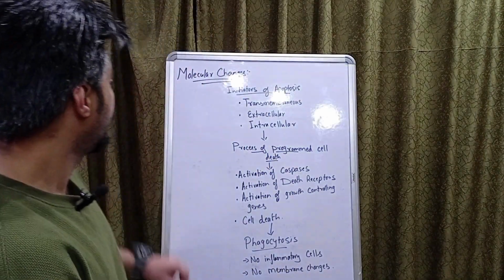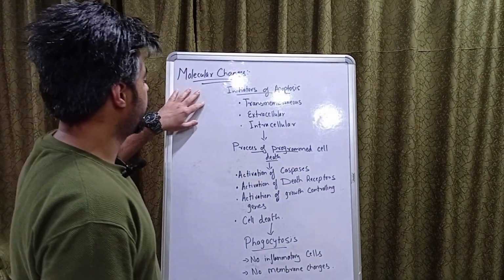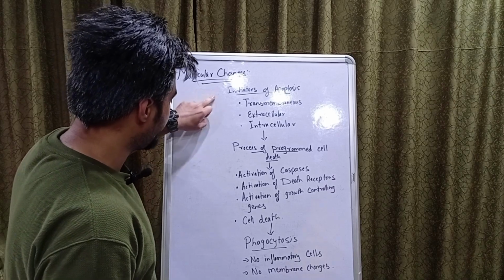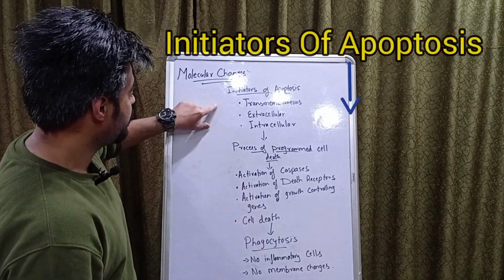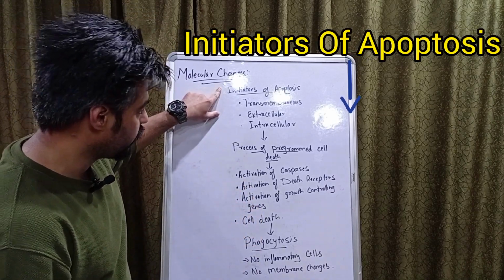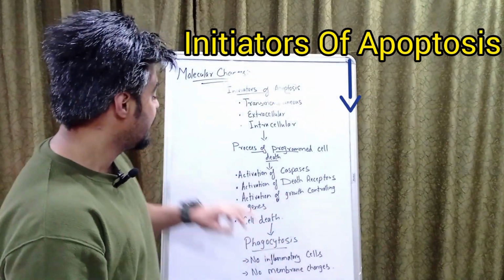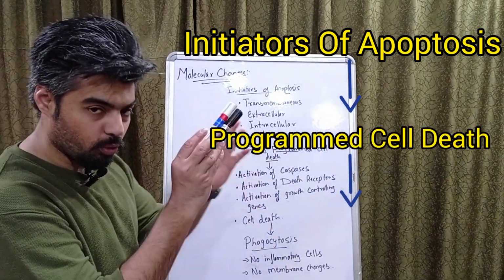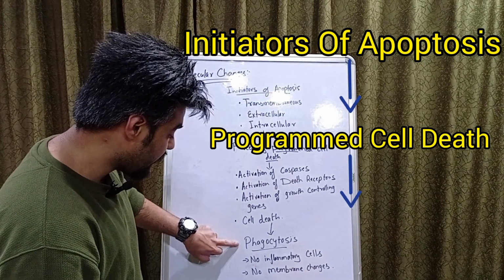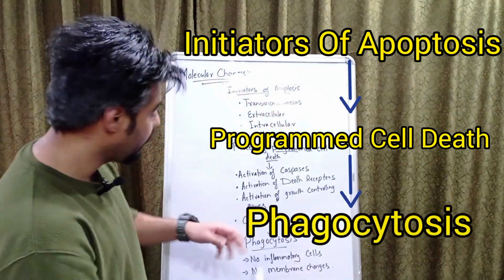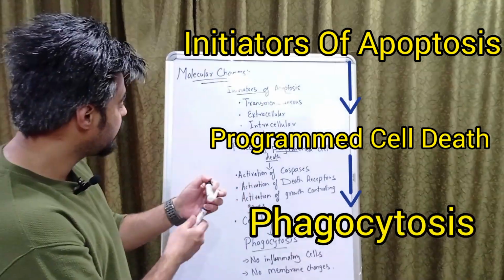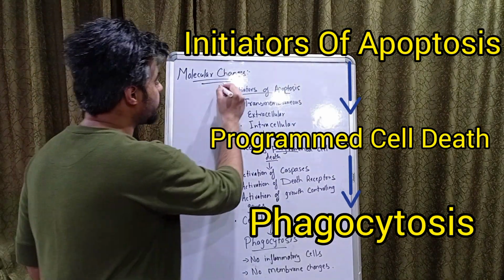Now we will see what are the molecular changes of apoptosis. Coming to the molecular changes of apoptosis, it is divided into three processes. First process is initiators of apoptosis, that initiates the process. Second one is the process of programmed cell death, and last one is phagocytosis.